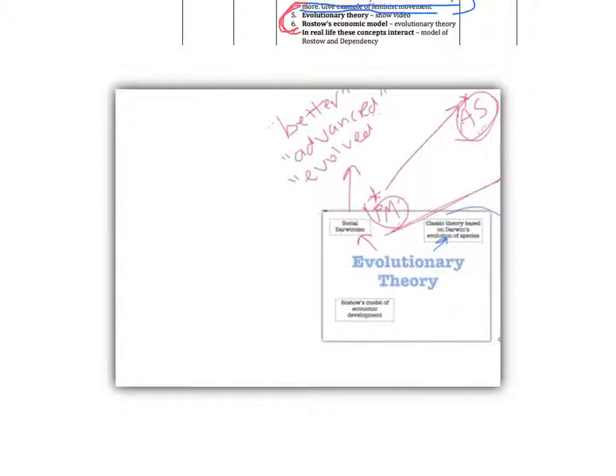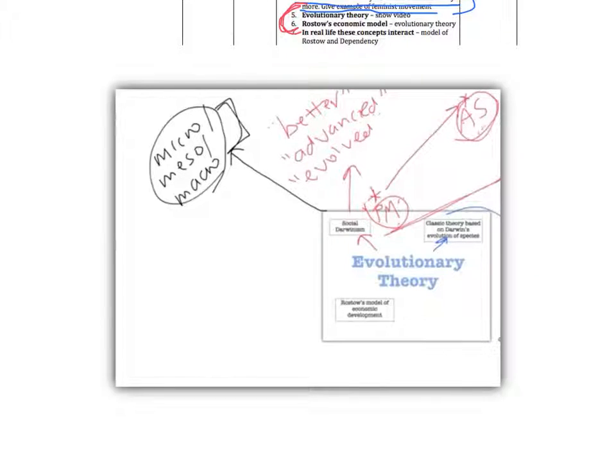So what you've got to think about are the implications on the micro, meso, macro levels of a dominant culture taking over all of the other less dominant cultures.